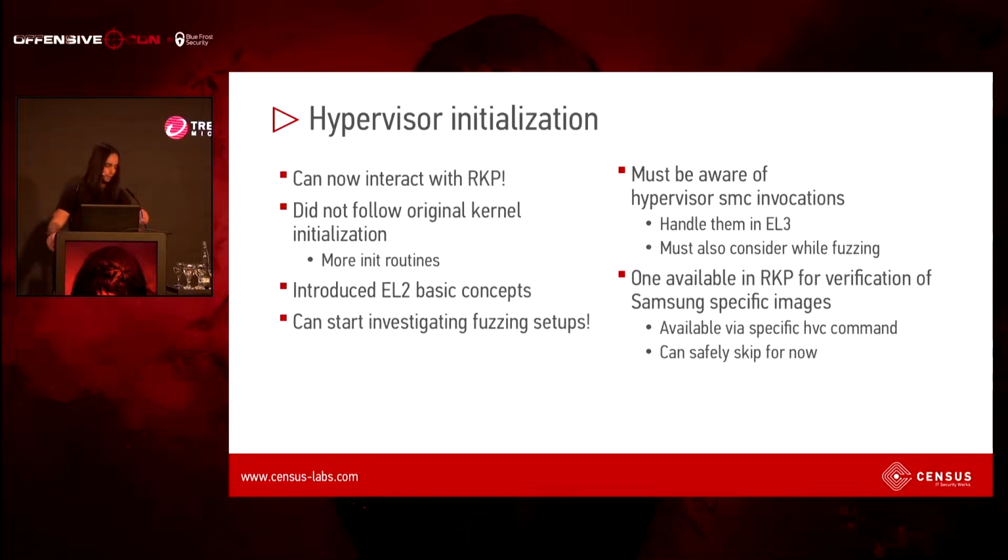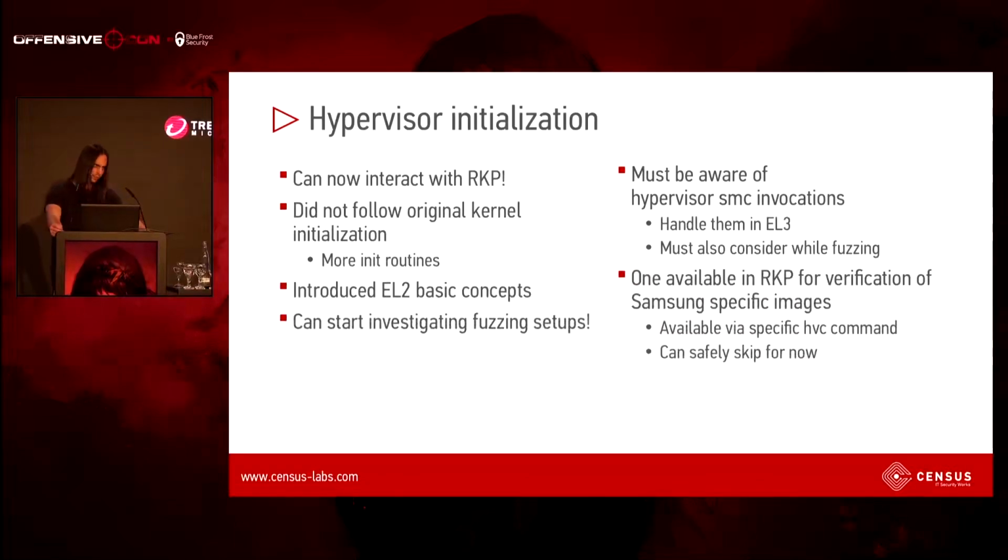And the most important part is that we have reached a state where we can now interact and start investigating fuzzing setups. Before moving on, we must be aware of SMC invocations from EL2 implementations that lead to EL3. We have to handle them there, and this is mainly of importance both in the configuration stage, but also while fuzzing, because we can have unexpected results there, and fuzzers stop working.